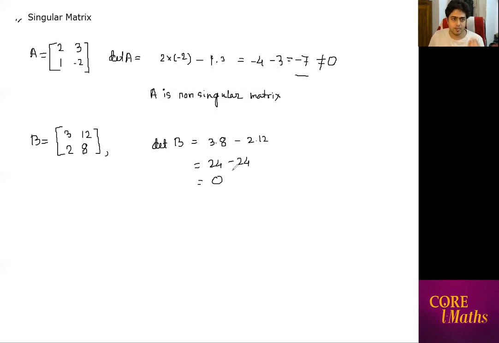So that matrix B is 2 cross 2, it's a square matrix, and its determinant value is 0. Therefore, you can say that B is a singular matrix, right?